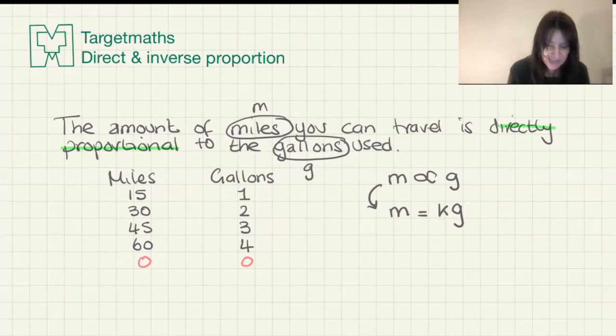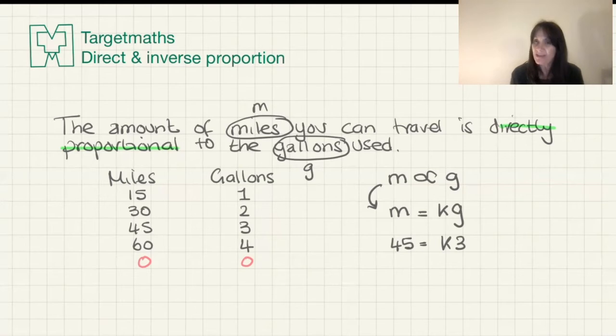So let's just take from our ratios that we can see, let us take the fact that our miles is 45 when our gallons are 3. And of course, that K is there, it hasn't disappeared. We wouldn't normally write K3, we'd normally write 3K. That's the notation that we are used to seeing. But I'm going to be rearranging this anyway because I want to work out what K is.